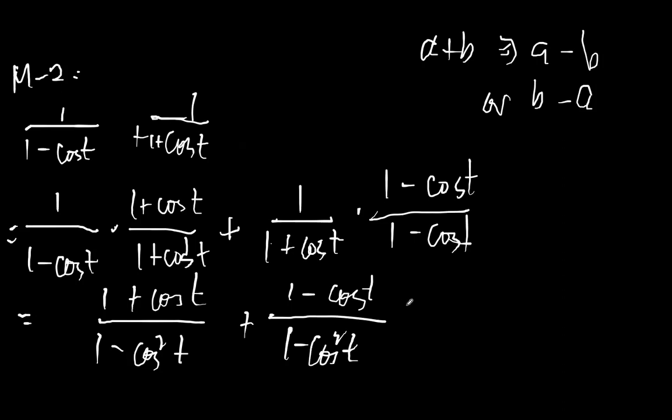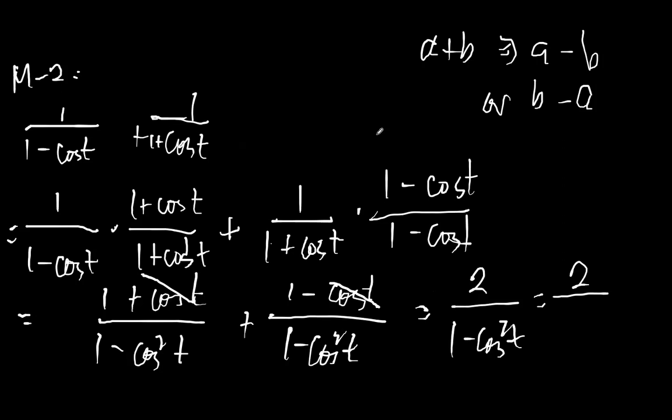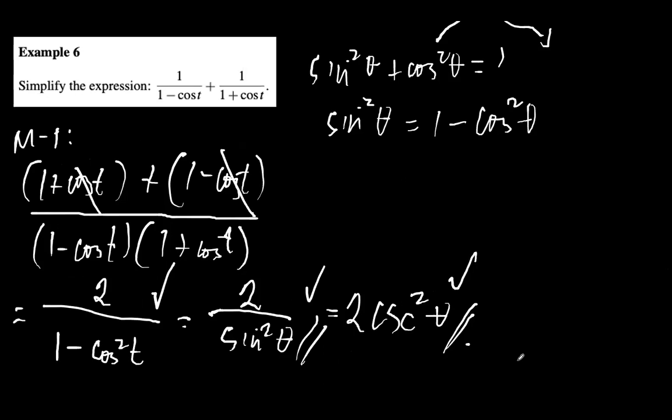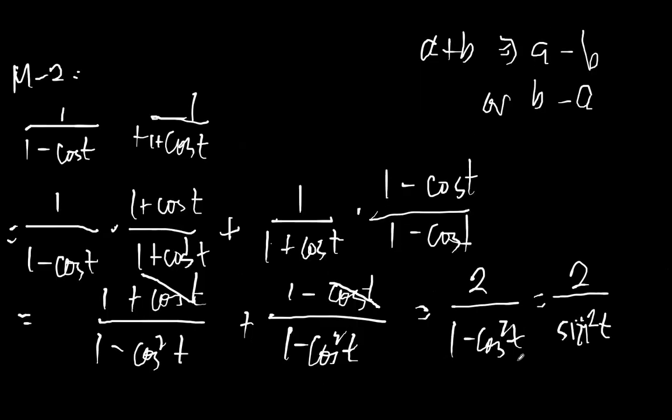The denominators are already equal, so therefore we can add or simplify the numerator. We can cancel cosine t since they have opposite signs. So this becomes 2 over 1 minus cosine squared t. Or 2 over, we can use the Pythagorean identity, sine squared t. Ayan. So pareho ba yung sagot natin? Yes, they are equal. Okay?